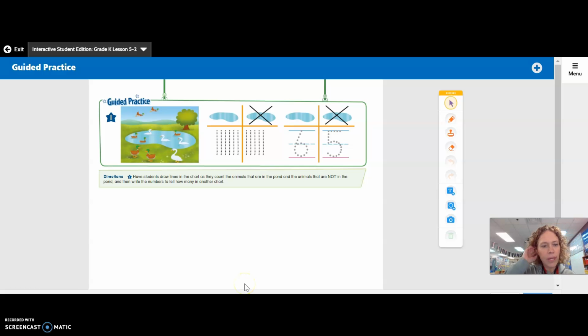So we're going to count how many are in the pond first, okay? So that shows in the pond. So I'm going to use my pen here.